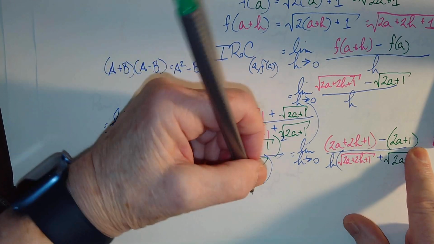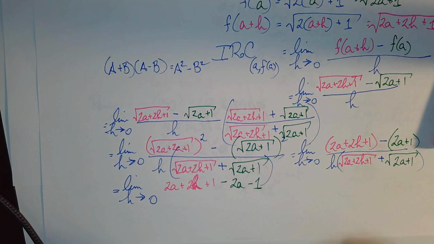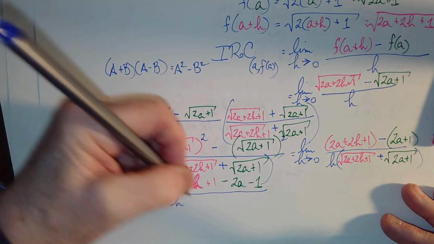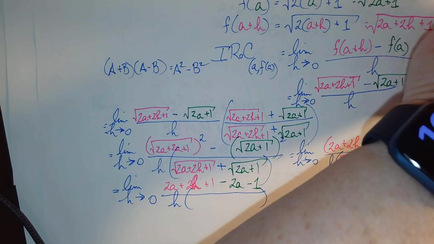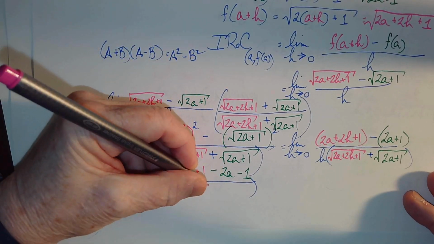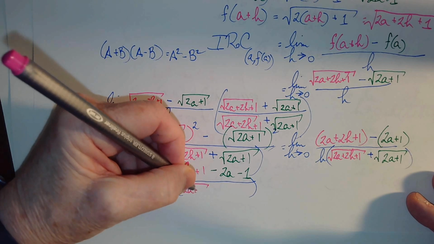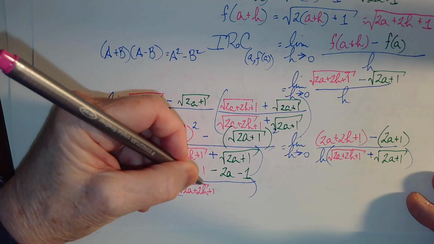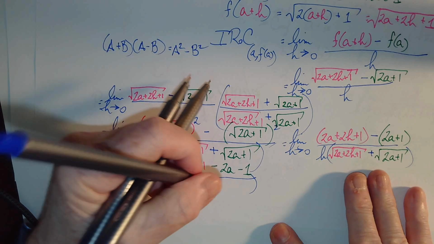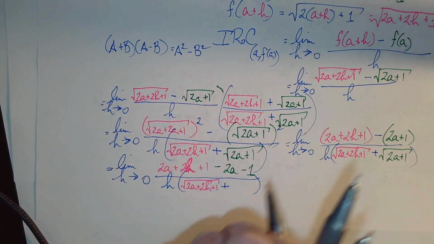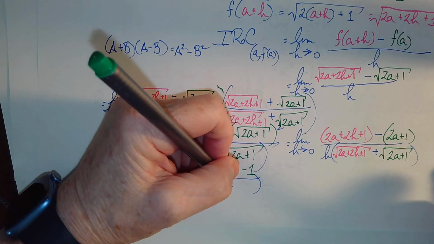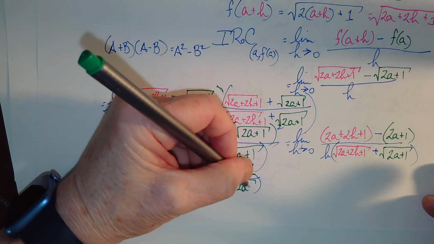Negative 1 times 1 is negative 1. And this whole thing is divided by h. We haven't changed the denominator, so it still looks weird: the square root of 2a plus 2h plus 1 plus the square root of 2a plus 1.